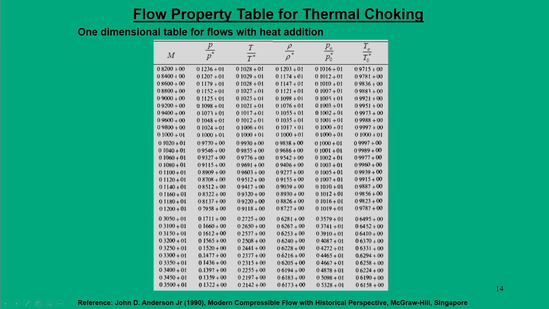There are about 6 columns. The first column is the Mach number, that means if you know the Mach number, then we can find out these property ratios: P by P star, T by T star, rho by rho star, P naught by P naught star, T naught by T naught star. So, this table can be prepared.